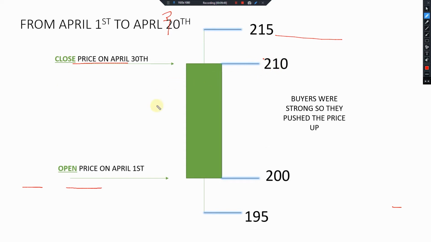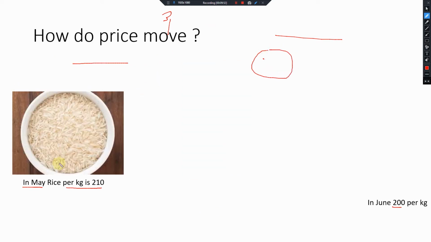So the price closed at 210. Now let's take the same price on May 1st. On May 1st, what happened? The price of the rice per kg was 210, and then what happened?